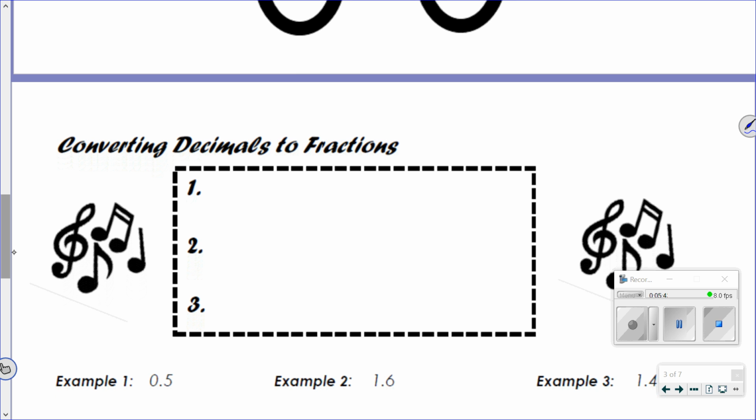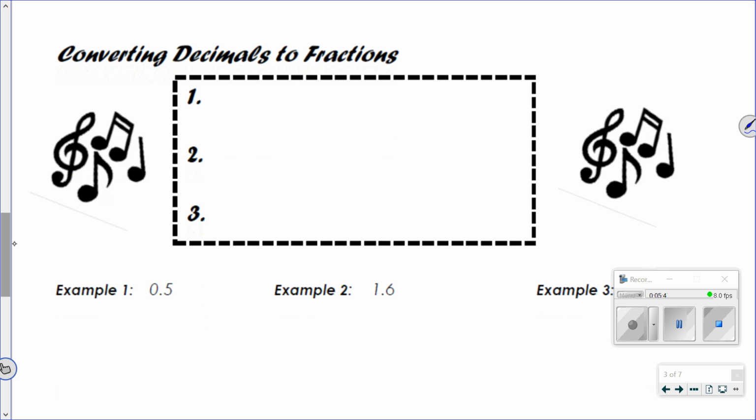Now, decimals to fractions we haven't given you yet, so we're going to give you a nice little tune to help you know what to do. Okay? So if I'm going to switch a decimal to a fraction, the very first thing we are going to do is say it.